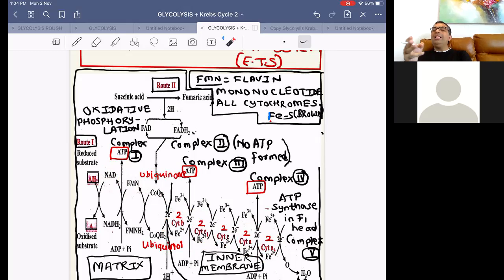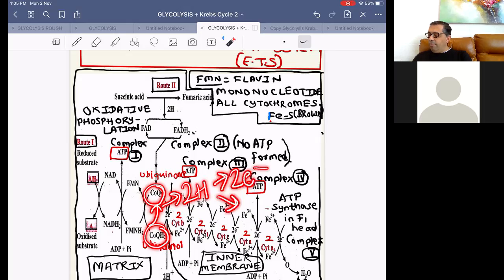And how will these electrons pass? If you remember, when coenzyme QH2 gave away hydrogen to form coenzyme Q, it formed 2 hydrogen, and 2 hydrogen formed 2 electrons and 2 protons. Where did the protons remain?